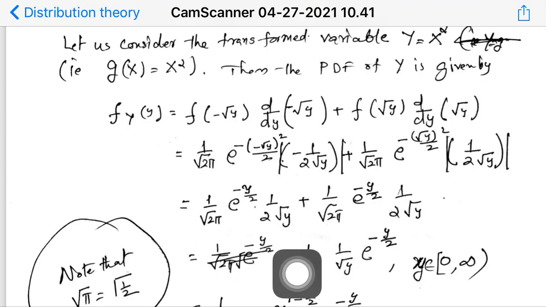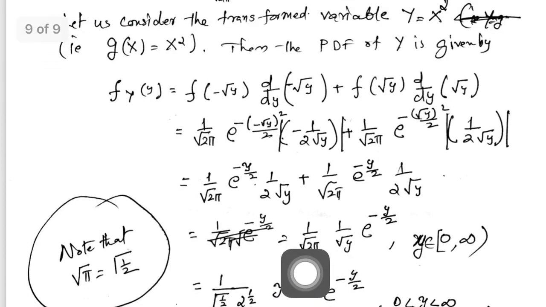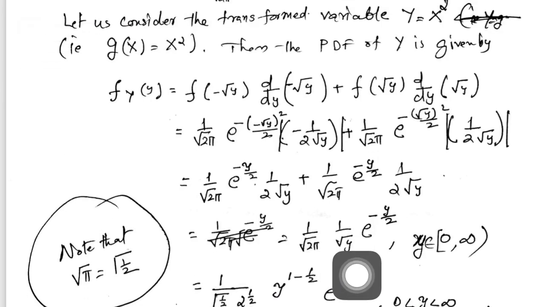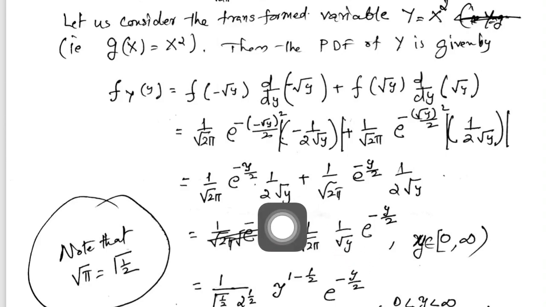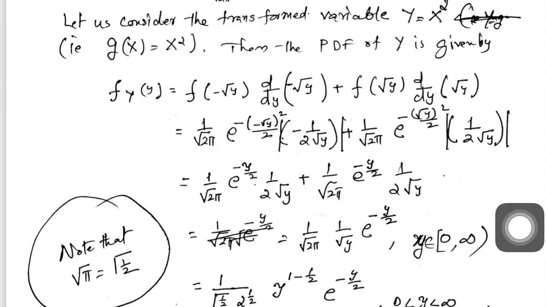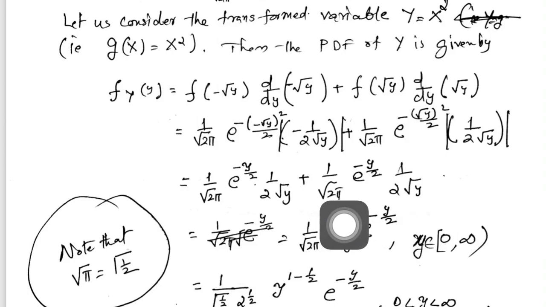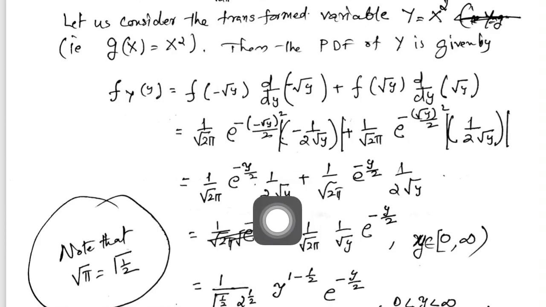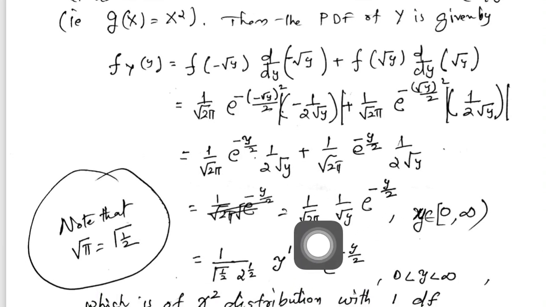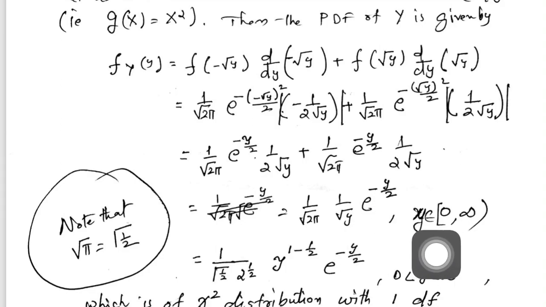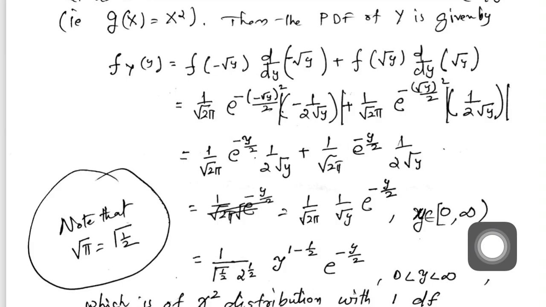Okay, I made a mistake here. This is 1 by root 2 pi, and this is 1 by 2 in 1 by 2, here also 1 by 2. So on simplification, this 2 will be getting cancelled, leaving 1 by root 2 pi, 1 by root y e to the power of minus y by 2, y belongs to 0 to infinity.